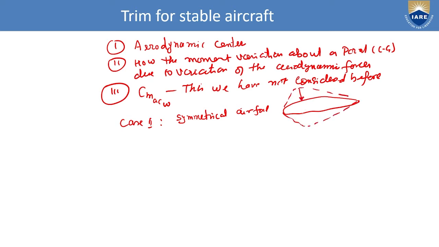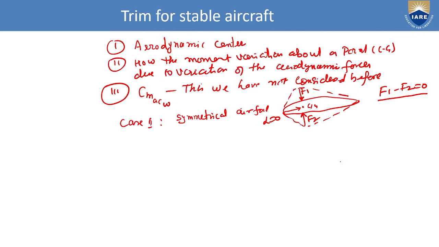Both will act at the same point and same amount. So this is F1 and this is F2. So F1 minus F2 is equal to 0. And they all will act at C by 4. This is the C by 4 and this is the aerodynamic center at alpha equal to 0.